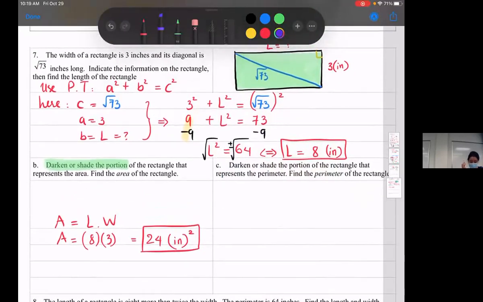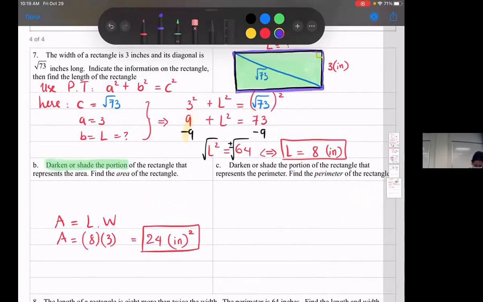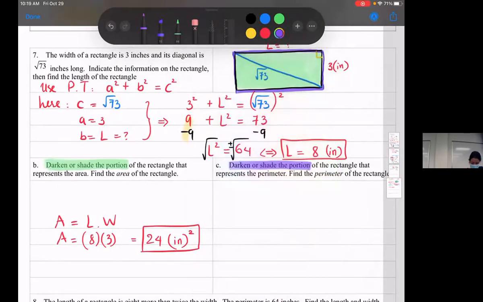Now darken or shade the portion of the rectangle that represents the perimeter. Maybe I'll do dark purple. I'm shading purple. I'll write in purple too.